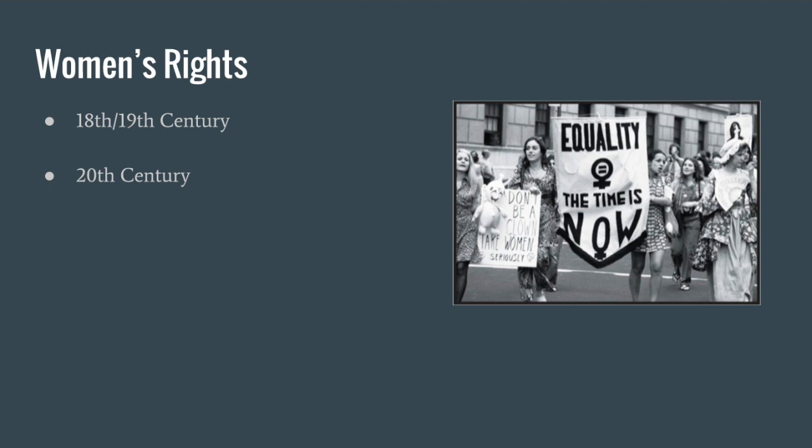And there was a 7-year time limit put on this amendment. So it didn't get up to, I think it's 38 states that you need. It didn't get up to it. But since then, the Equal Rights Amendment has been reintroduced at the beginning of every Congress. So it's probably not going to go anywhere, but it's something that's still on people's minds.